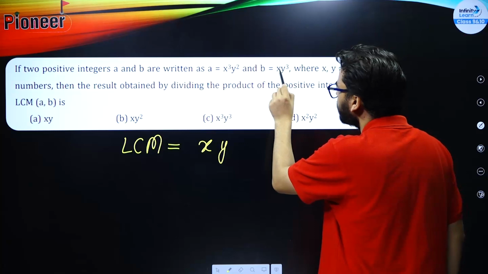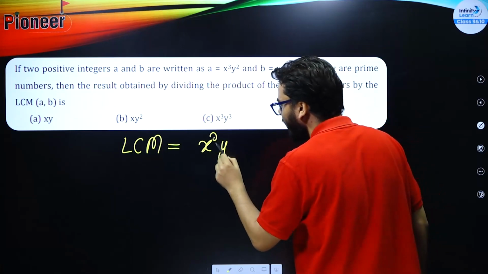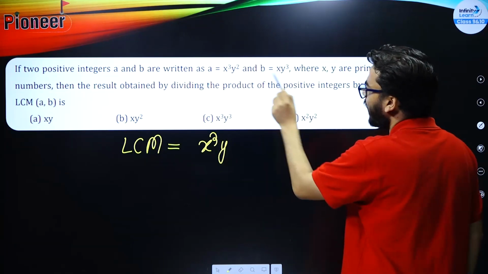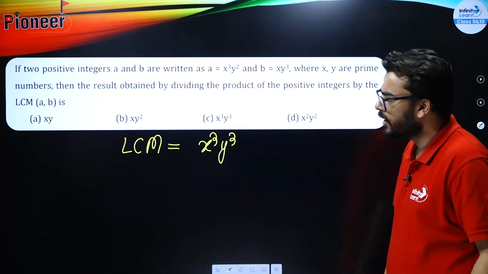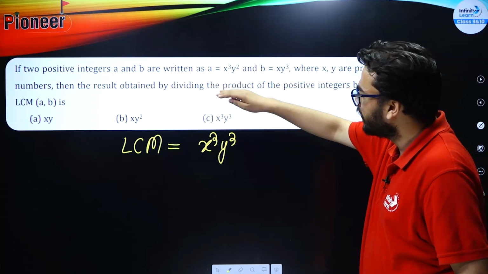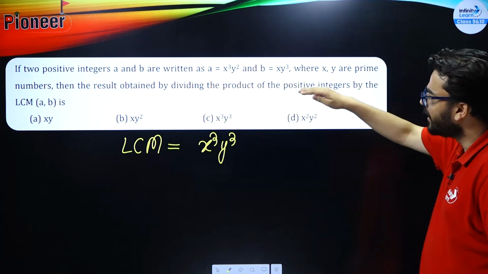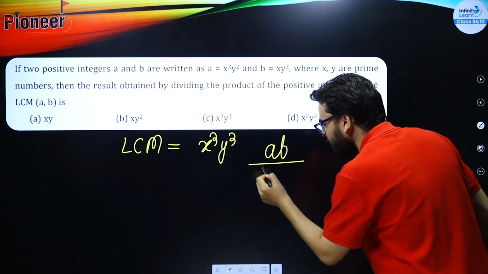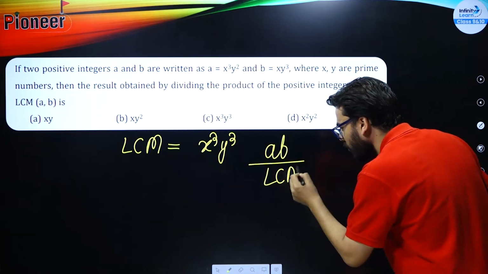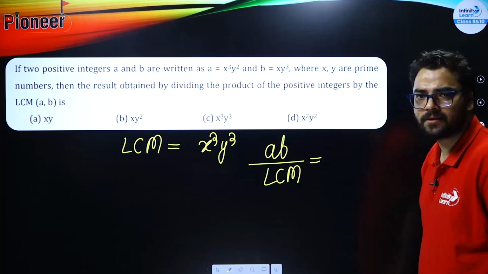See, this is x raised to the power 1, this is x cube. So I'll take x cube. Y square and y cube, so I will take y cube over here. This is the LCM. Now in the question, you have to find the result obtained by dividing the product of the positive integers by the LCM. That is being asked.